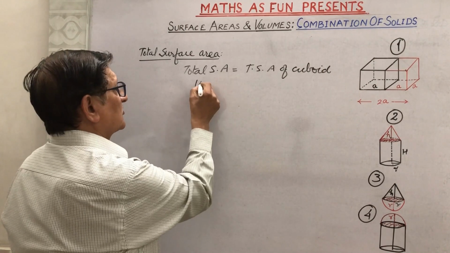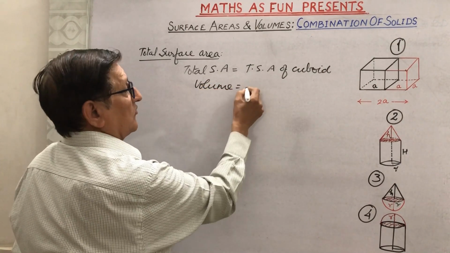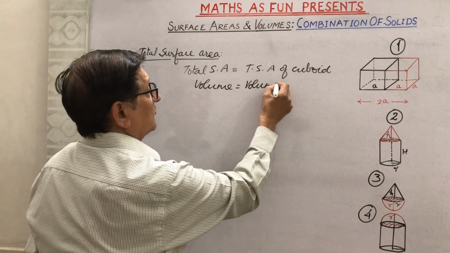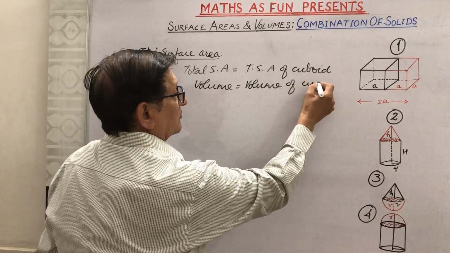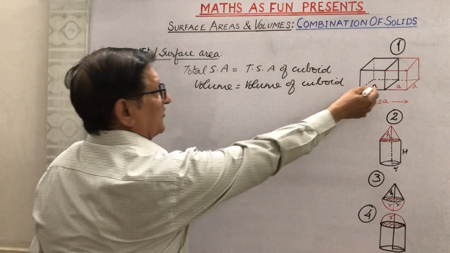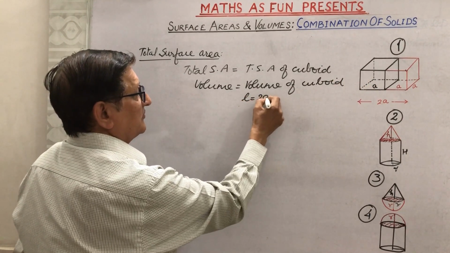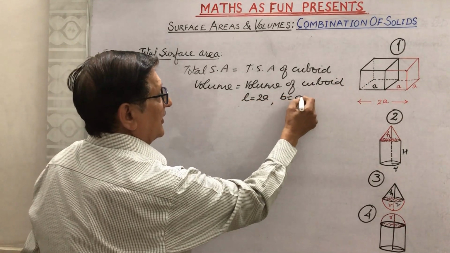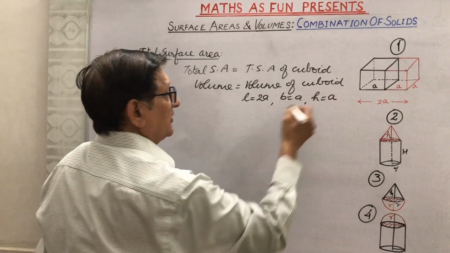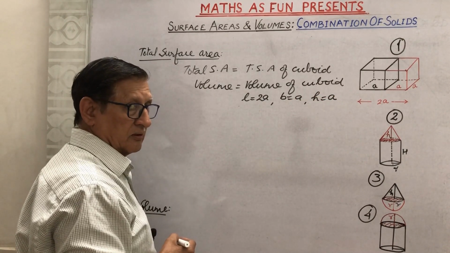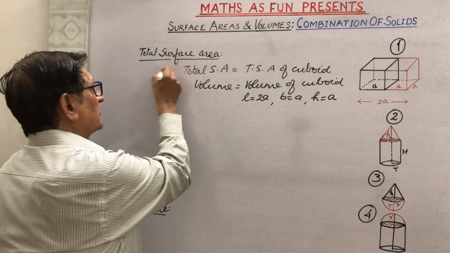The volume also we can find by finding the volume of the cuboid. The only thing is, the length of this will be 2a, breadth will be a, and the height also will be a. This is the first case we have taken.